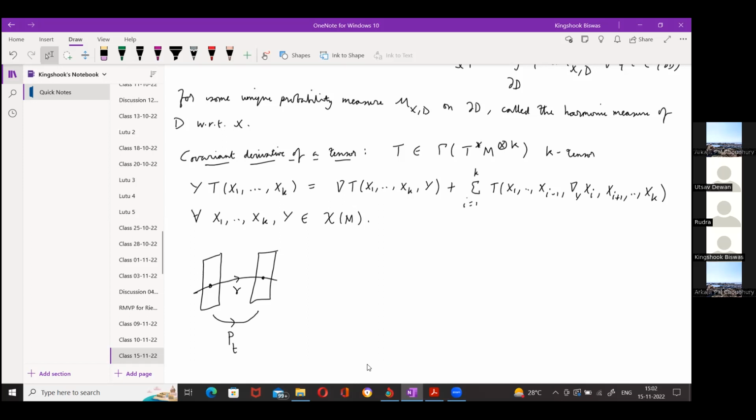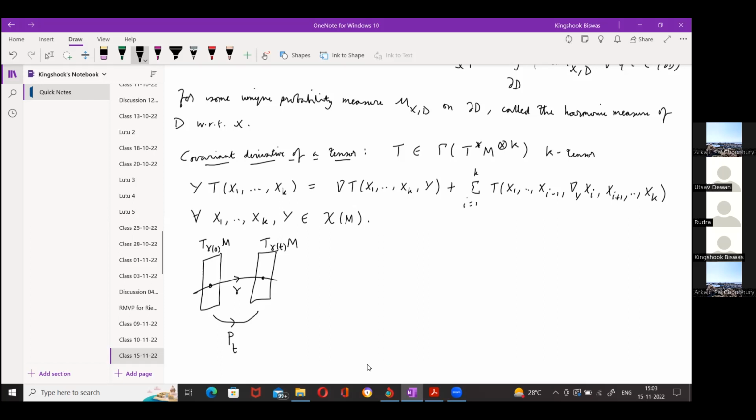Which is identifying my tangent space, let's say at gamma 0, with the tangent space at gamma t, right? Yes? Okay. So now, what do I want to do when I want to differentiate a tensor?